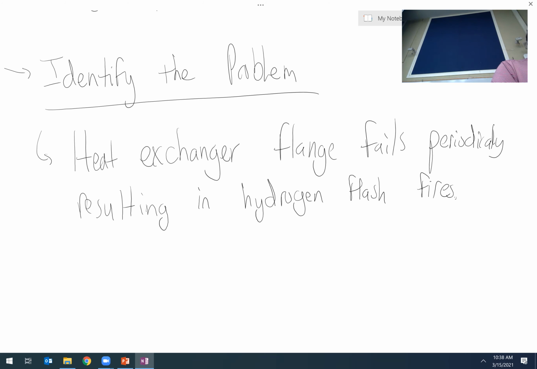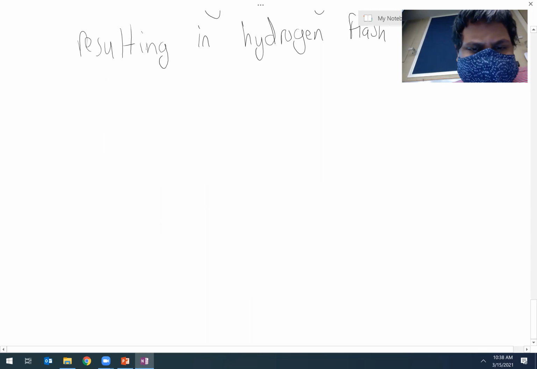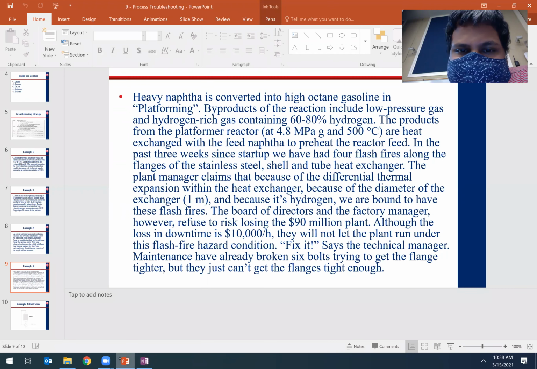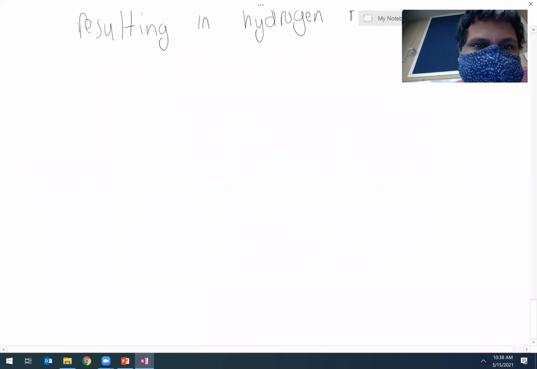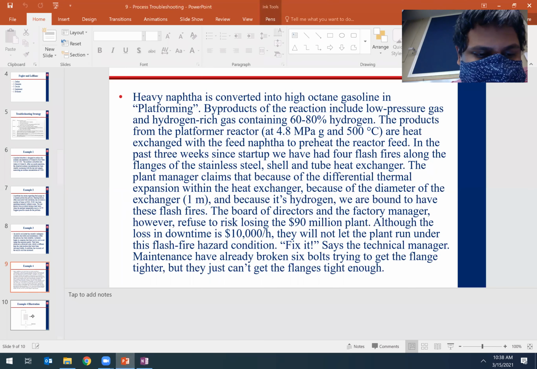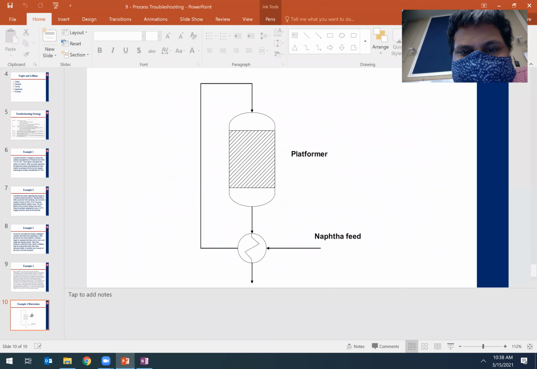So what do we do? What are the potential causes? And I think this is, if I remember reading this, it was a heat integration preheating the feed. So it looks like this. You're preheating the feed with the products, reaction on the platform.